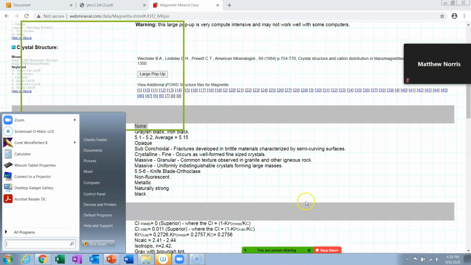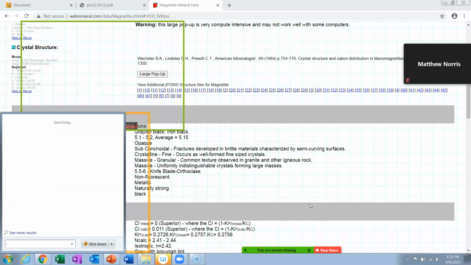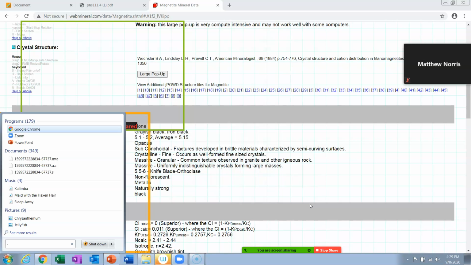We'll press the command button first, then the minus sign. No, that's giving me a search. That's not what I want. If you do have control minus first, control minus might be it.